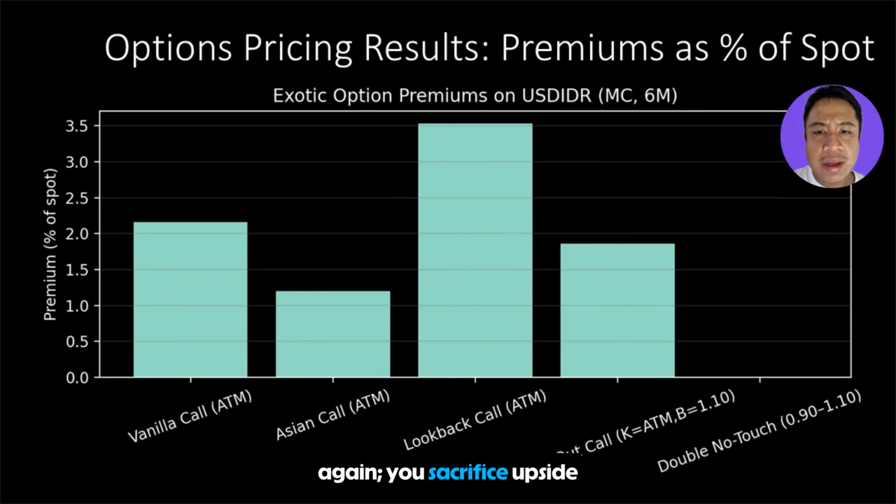You sacrifice upside in exchange for lower premium. The double no touch has a small but non-zero premium, reflecting the probability that USDIDR stays inside the 0.90 to 1.10 band for 6 months. This is exactly where Monte Carlo shines. Even without a closed form formula, we still get consistent prices across all these structures using one simulation engine.